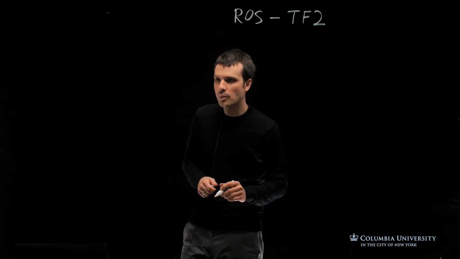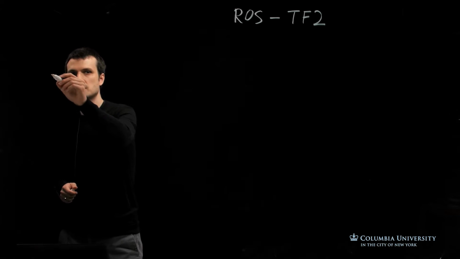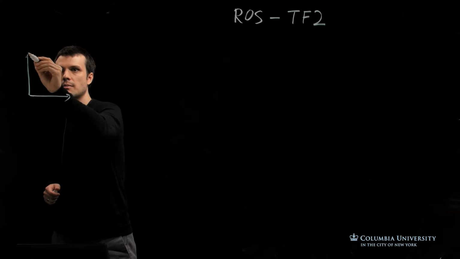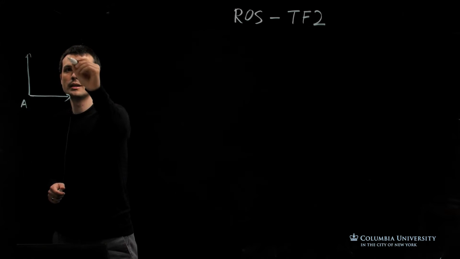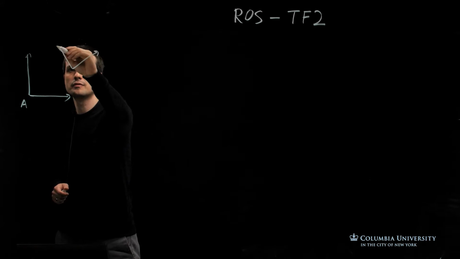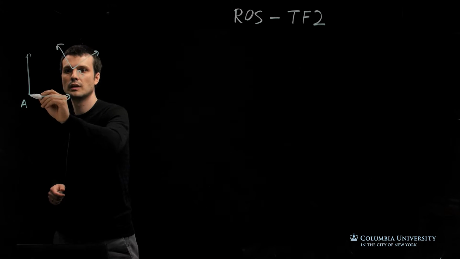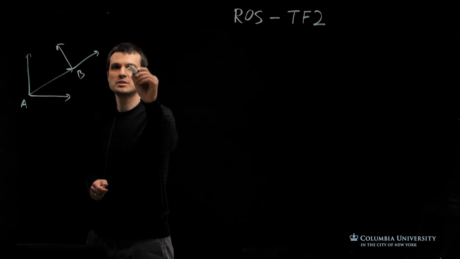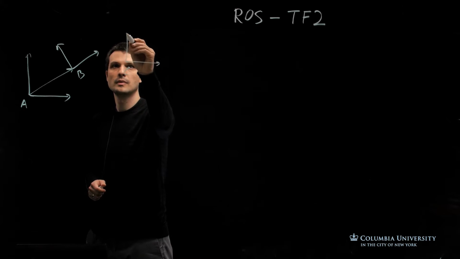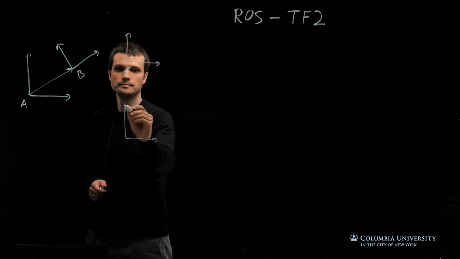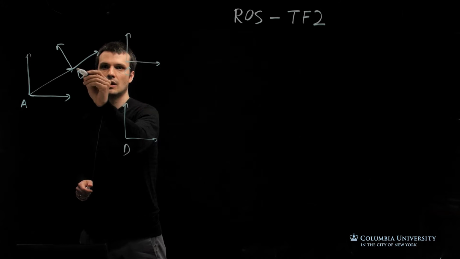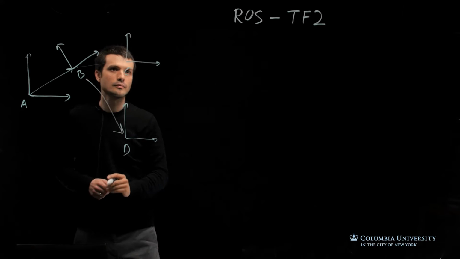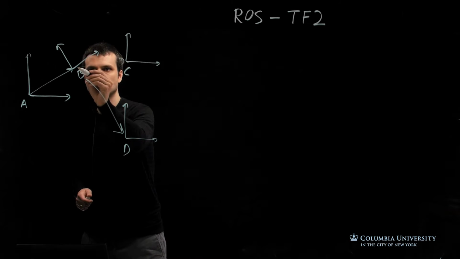Remember how in the past we've talked about how various frames are relative to each other, how maybe you will have frame A, then relative to frame A you might have frame B, and you have this transform here. Relative to frame B you might have frame C and frame D, and you have these transforms given, and so on and so forth.